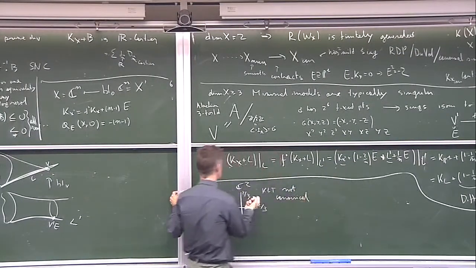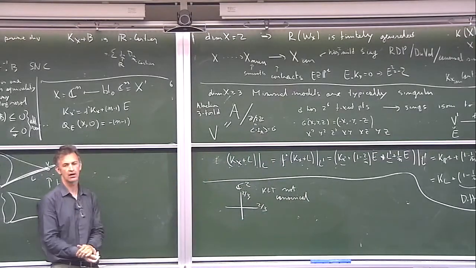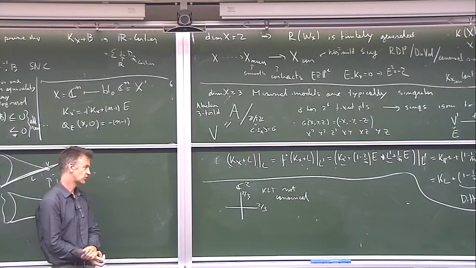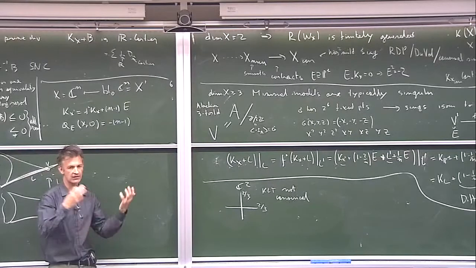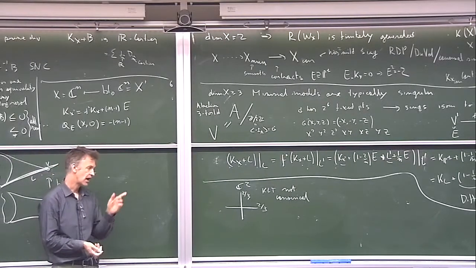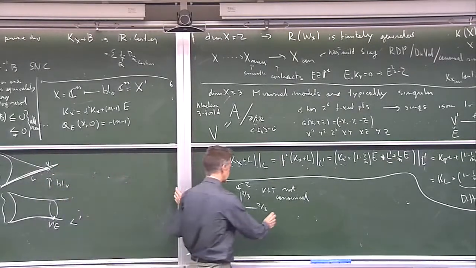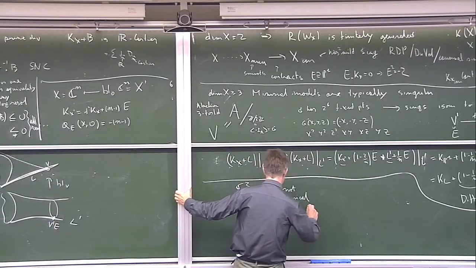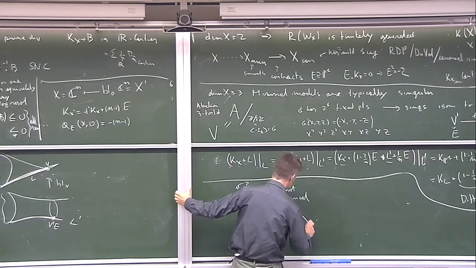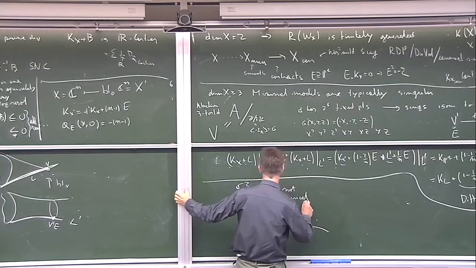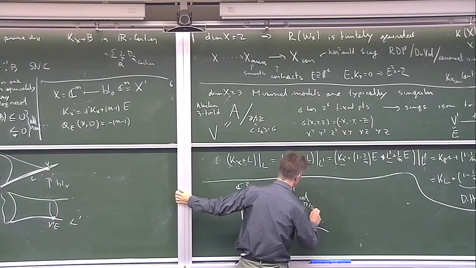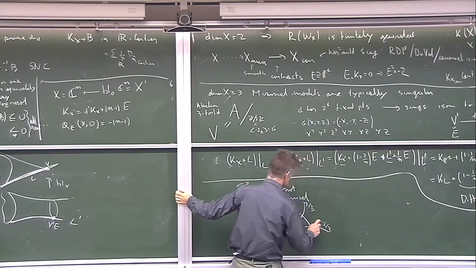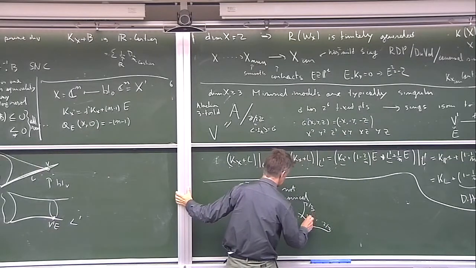Why is it KLT? Well, of course, that's already a log smooth situation. It's a simple normal crossing divisor, so I don't have to take any resolution to check it. However, if I blow up the vertex, I'm going to get an exceptional divisor E and the strict transforms. These will appear with coefficients 2/3 and 2/3, and this will appear now with coefficient 1/3.